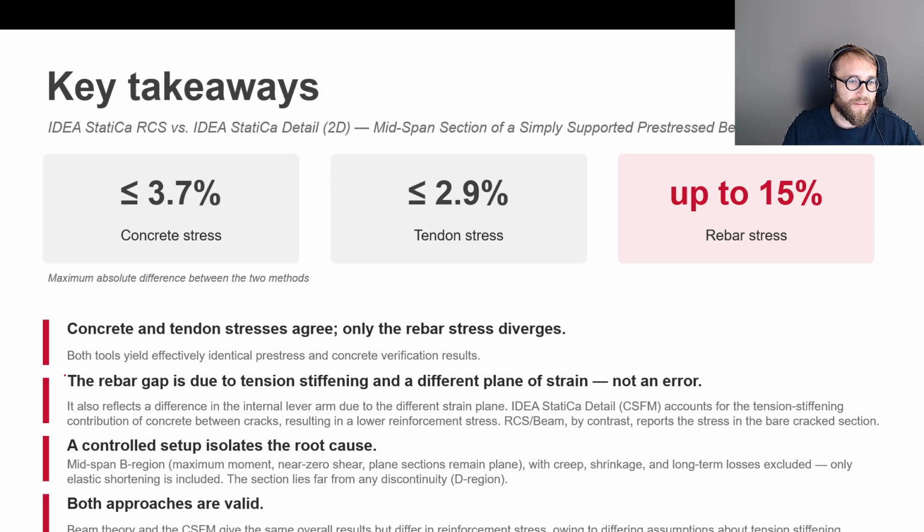This is the statement that is written here: the rebar gap is due to the tension stiffening and different plane of strain.